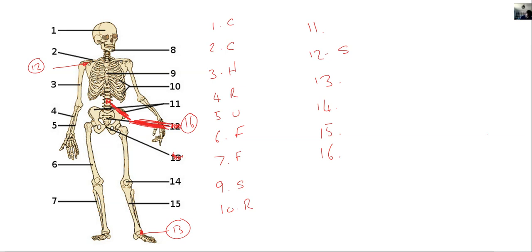It's coming up to 1.5 minutes gone. Some hints on the screen, so the first letters of each of the bones. About 15 seconds just to wind it up.